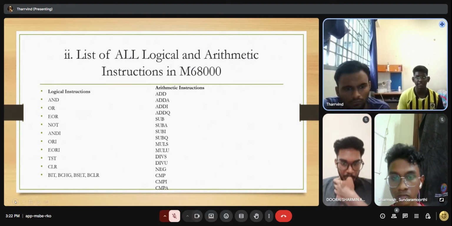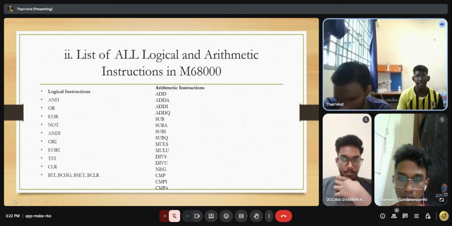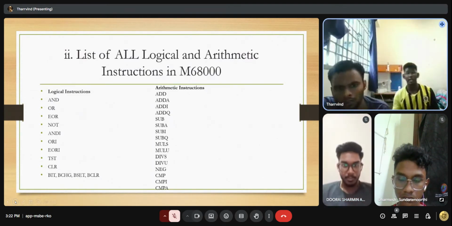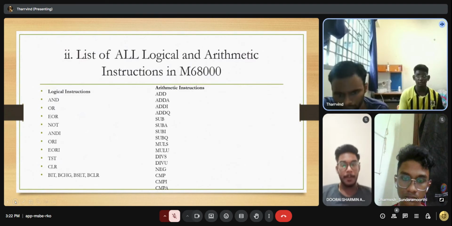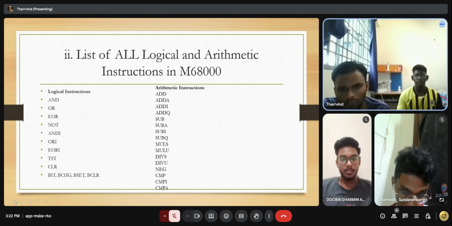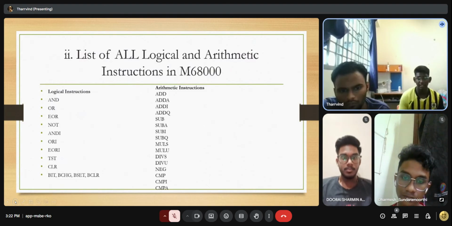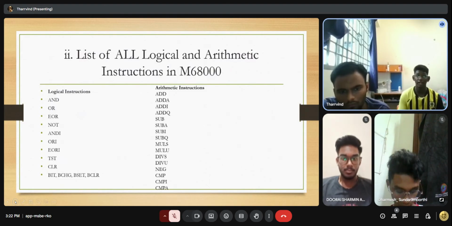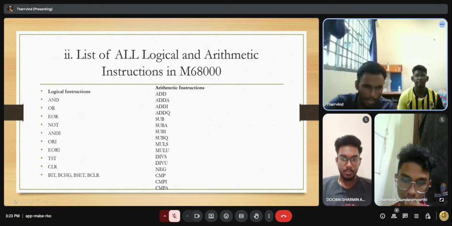For arithmetic instructions: ADD, ADDA, ADDI, ADDQ, SUB, SUBA, SUBI, SUBQ, MULS, MULU, DIVS, DIVU, NEG, CMP, CMPI, CMPA.